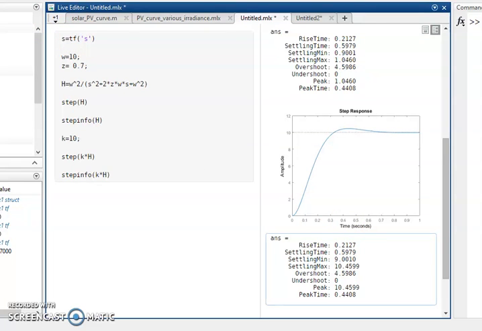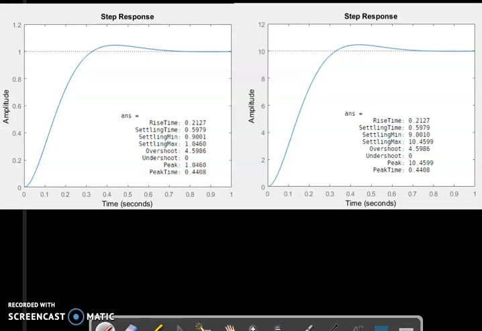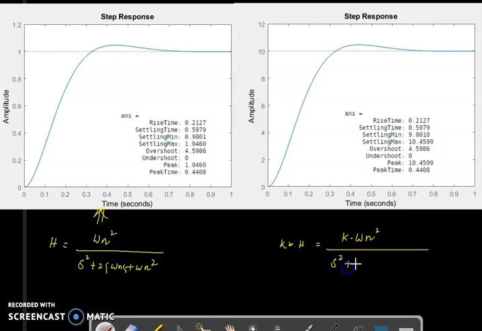So I'll bring you a comparison of these two responses in a single view. This is the system response of a function H, omega_n squared over s squared plus 2 zeta omega_n s plus omega_n squared. Here this is K times H(s), so it becomes K omega_n squared over s squared plus 2 zeta omega_n s plus omega_n squared.